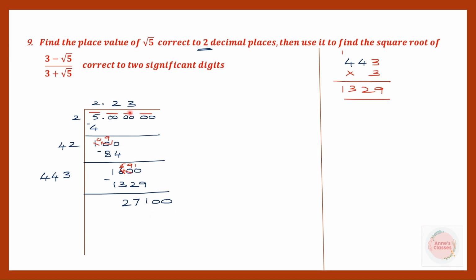Let's write the double of this first. That is 223 into 2. 2 3's are 6, 2 2's are 4, 2 2's are 4. So let's write down the number 446. Now we need to write a number next to this to get a number close to 27,100.